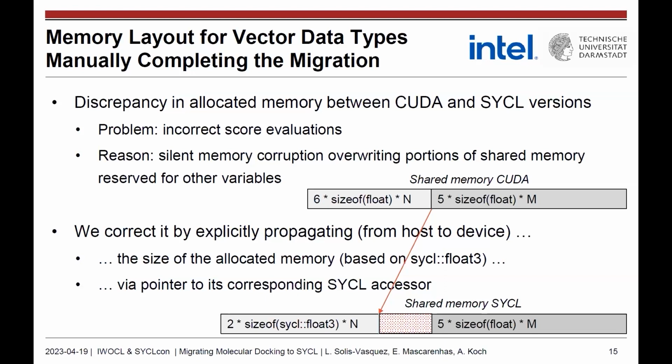So we had to correct this manually. Basically, we had to explicitly propagate the size of the allocated memory based on SYCL float3, or in other cases, based on SYCL int3, and also use the pointer to the corresponding SYCL accessor.